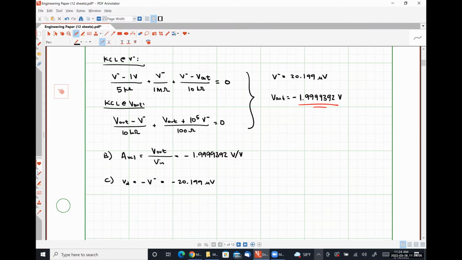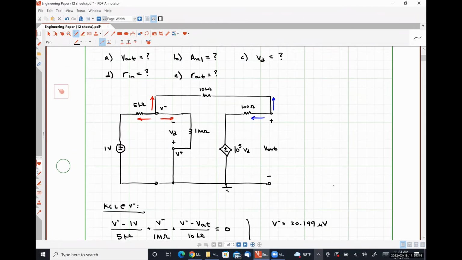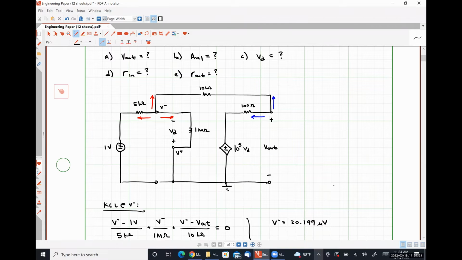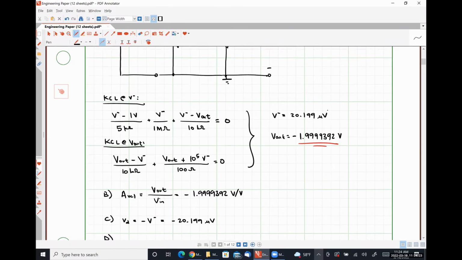straightforward parts, all right? Now let's talk about that input resistance, lowercase r, and output resistance, lowercase r, okay? So for my input resistance, I'm going to define something. Actually, let's do it down here.